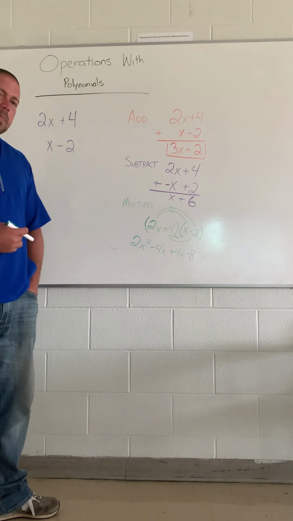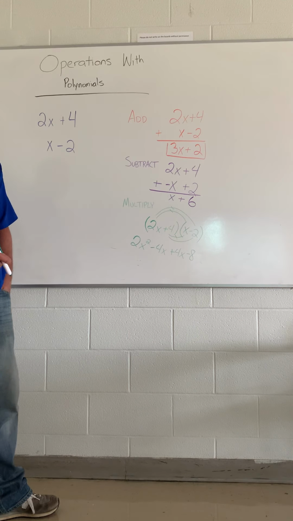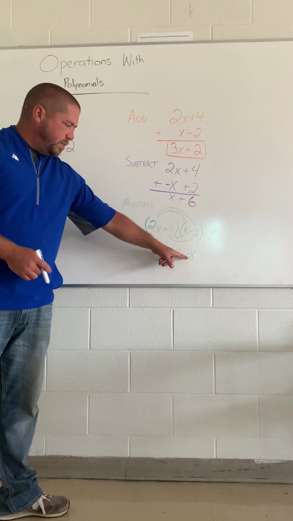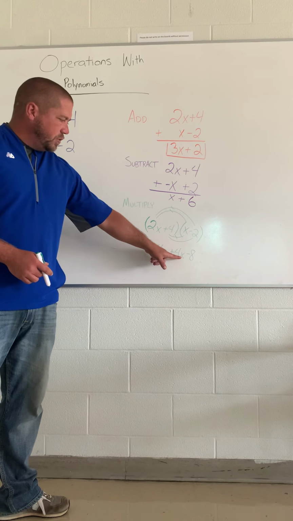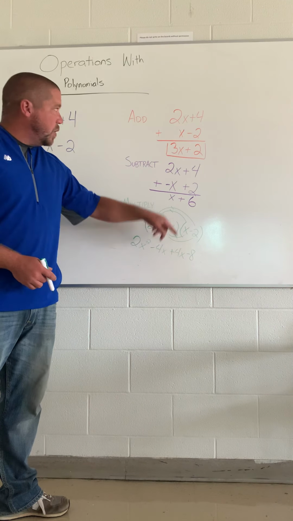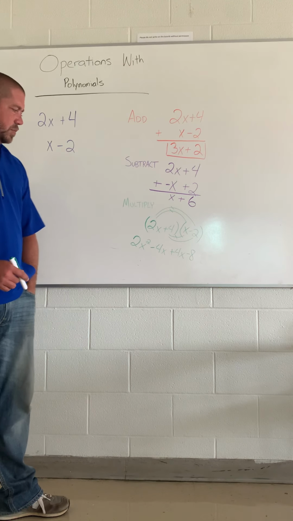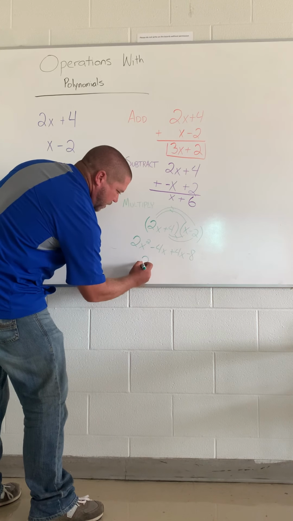And when we multiply binomials, or trinomials, or any kind of polynomial, we have to look and see if we have like terms. Okay? We have 2x squared minus 4x plus 4x and minus 8. Notice we've got a term with an x variable and another term with an x variable. So now we have to go back to our addition and subtraction, or the combining of like terms. So we only have one with an x squared.